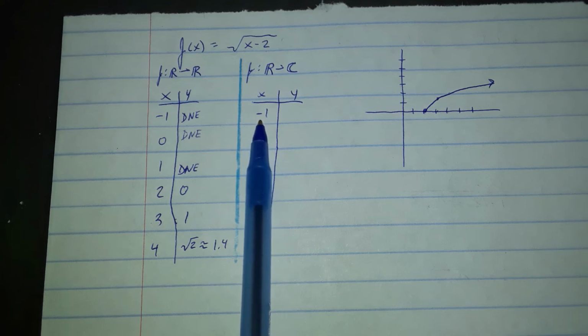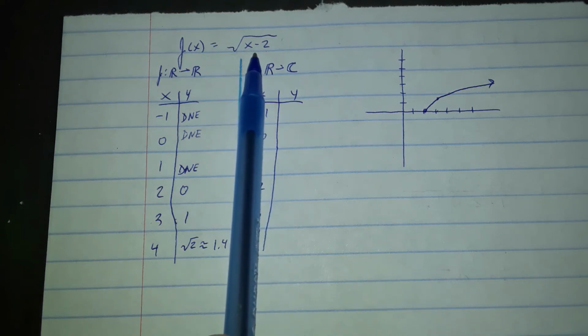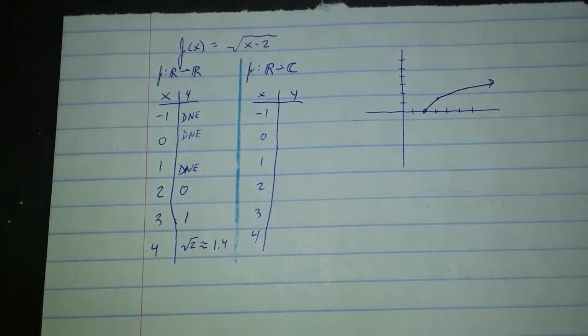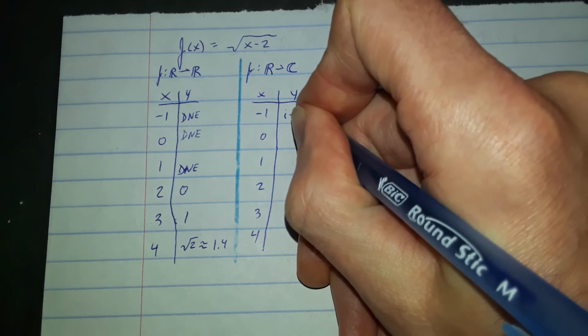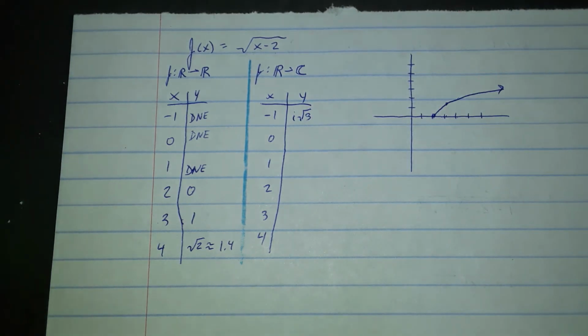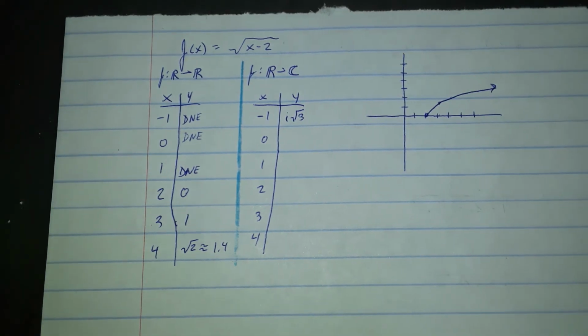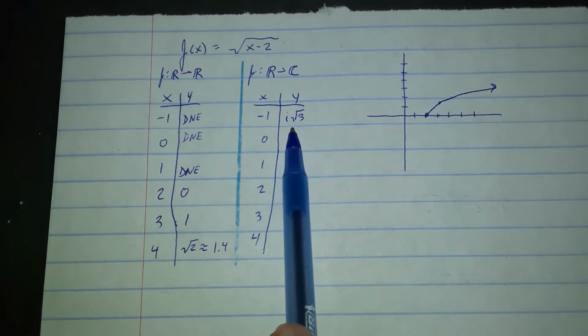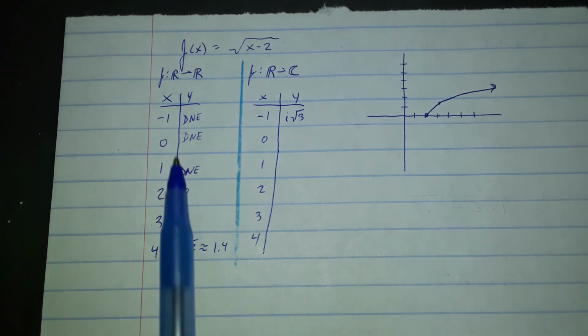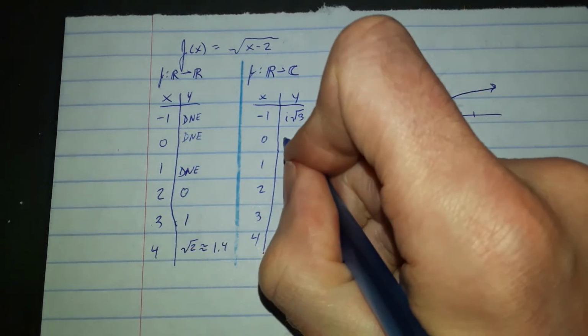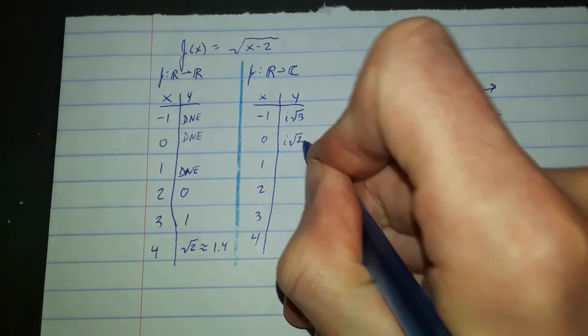If I plug -1 into here, I get the square root of -3. So this is going to give me i times the square root of 3. So this is a complex number. If I plug in 0 here, I'm going to get square root of -2, which is i times the square root of 2.